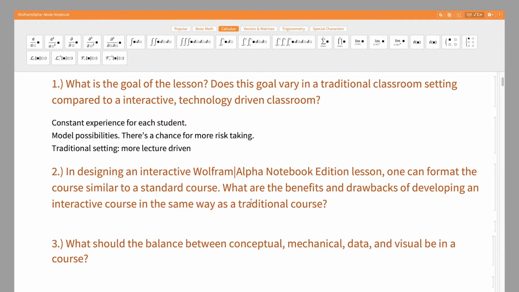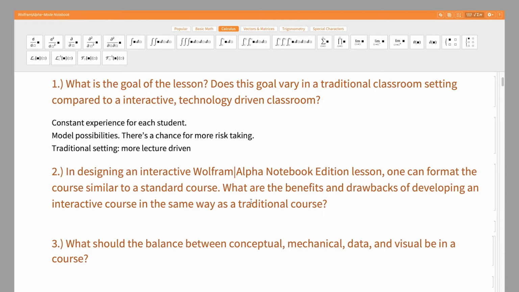Using a technology-driven classroom, we can personalize the classroom more to the individual student. We can provide the different representations that a student might be familiar with. With a traditional classroom, you're usually having a lecture-based classroom, or you can also have group work.